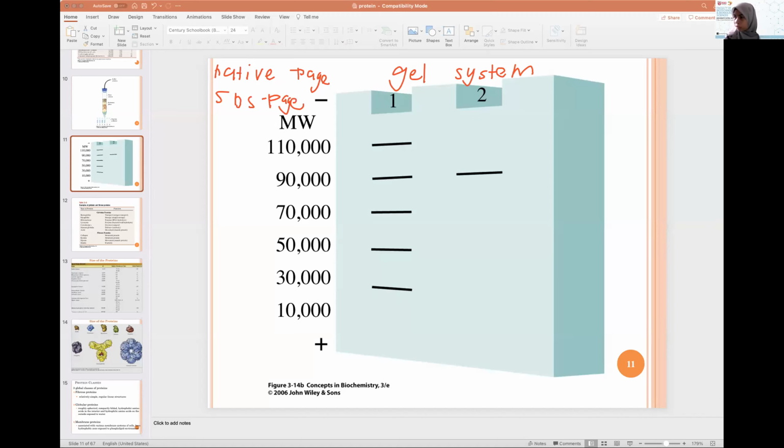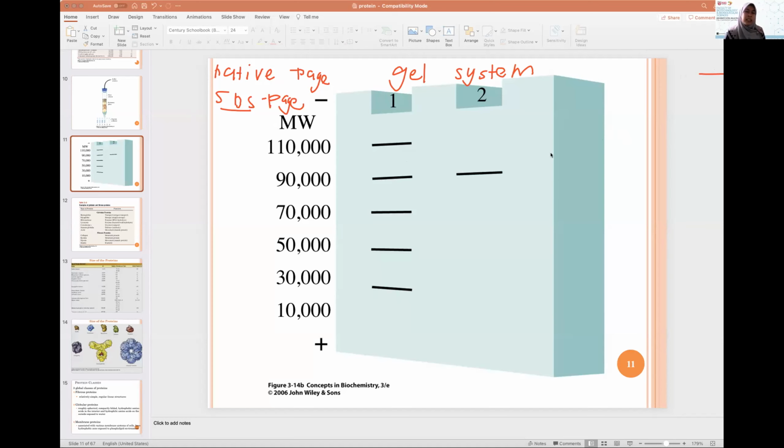Oh my God, why can't I type? Okay, I put it in the chat. So this is polyacrylamide gel electrophoresis. If it is SDS, that means we have sodium dodecyl sulfate polyacrylamide gel electrophoresis. Native PAGE and SDS PAGE are similar gels, except the composition of the gel will be different.